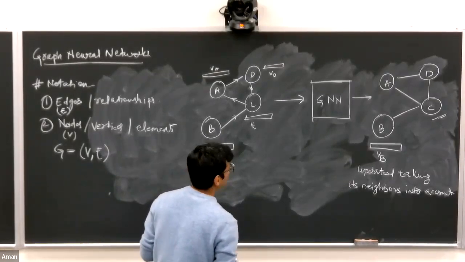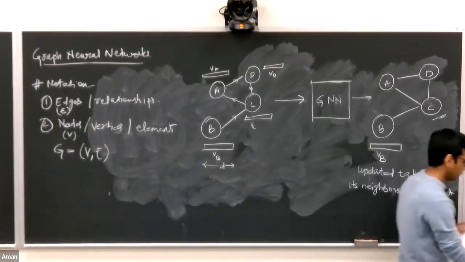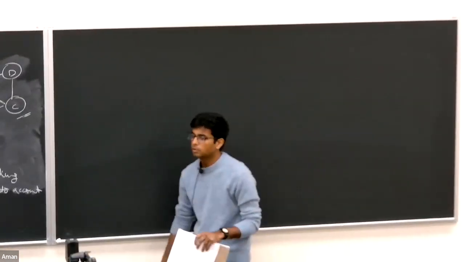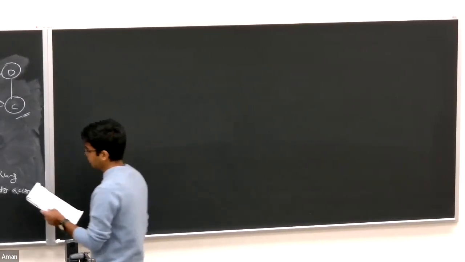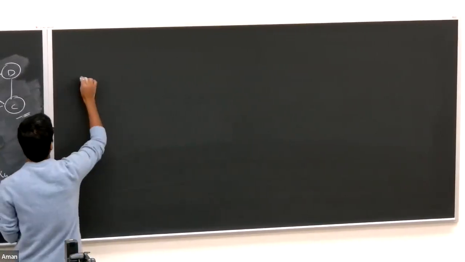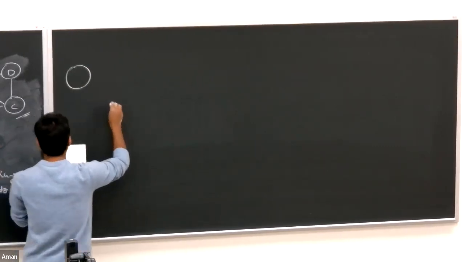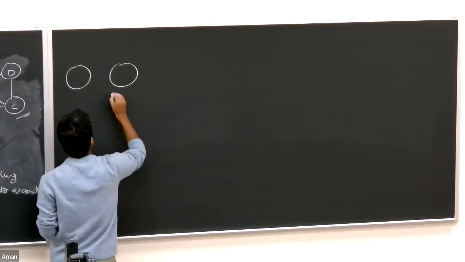So how does this update happen? Let's look at the neural message passing that happens in a graph neural network. For example, let's say it's a simple graph with just 3 nodes.